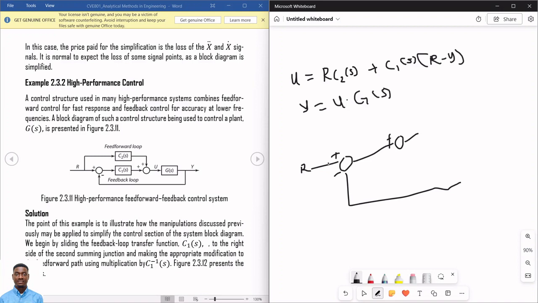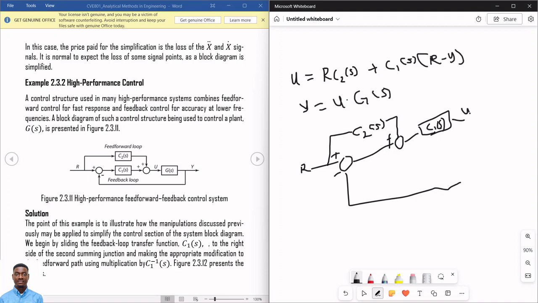So I still have this C2S on this line, and this one comes here, and I now have my C1S here, which I've moved over the sum junction.